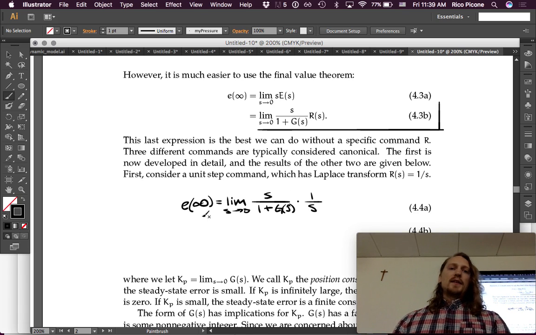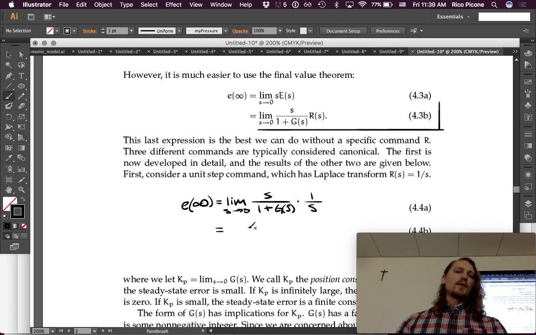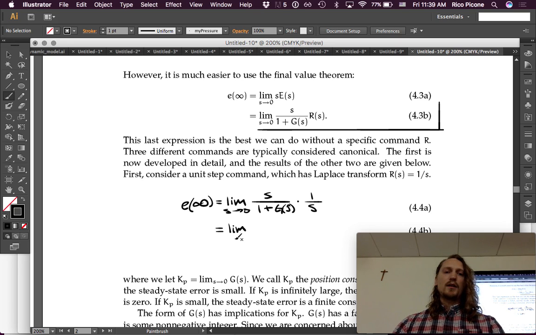And we get the s's to cancel. So we're left with the limit as s goes to 0 of 1 over 1 plus G of s.